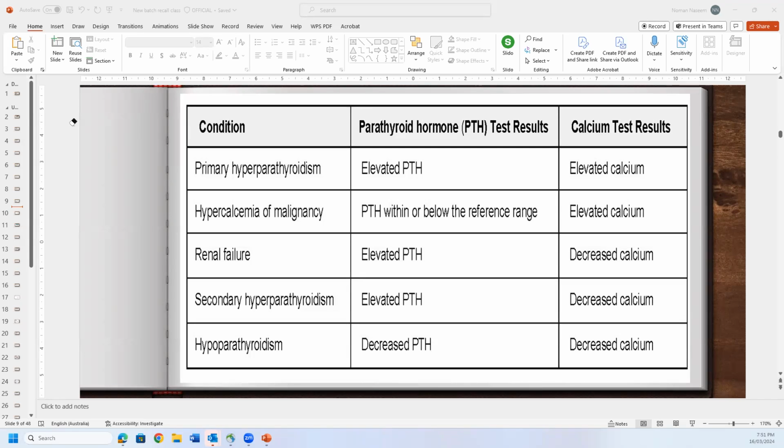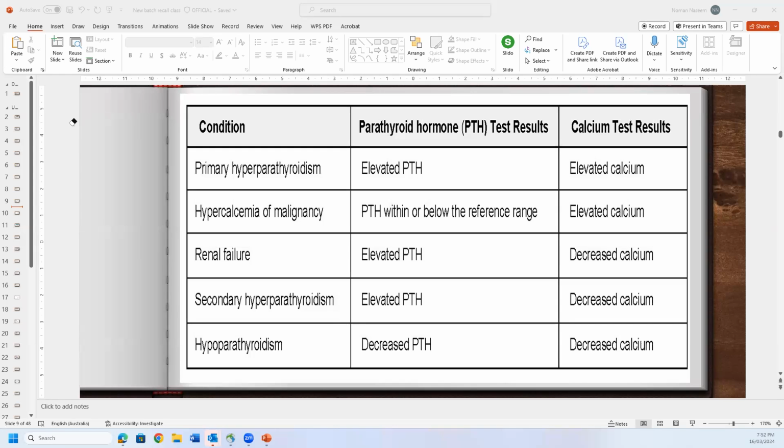So in hypercalcemia of malignancy, unless it's that of the parathyroid gland itself, the parathyroid hormone level will either be normal or low. And they will always give you some clues in the question, like the patient has weight loss, night sweats, has been diagnosed with some cancer, or that there is some underlying malignancy going on, and they will give you the lab results associated with it.